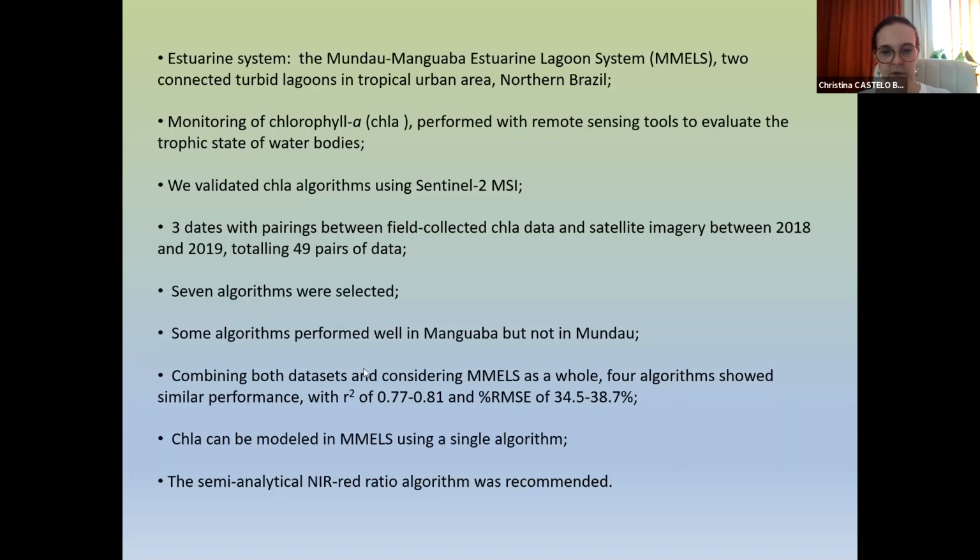Combining both data sets and considering MNALS as a whole, 4 algorithms showed similar performance with an R squared of 0.77 to 0.81 and a percentage RMSE of 34.5 to 38.7%. Chlorophyll can be modeled in MNALS using a single algorithm. A semi-analytical NIR-red ratio algorithm was recommended.